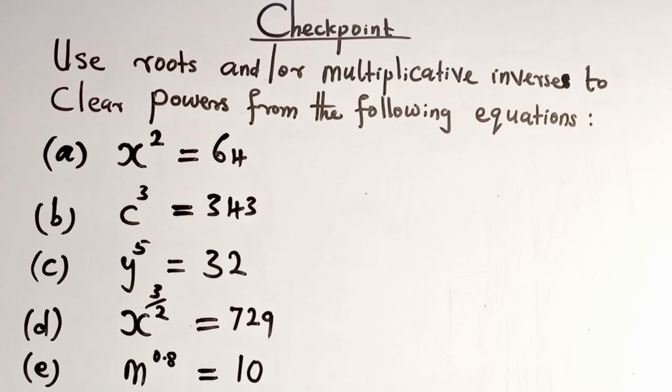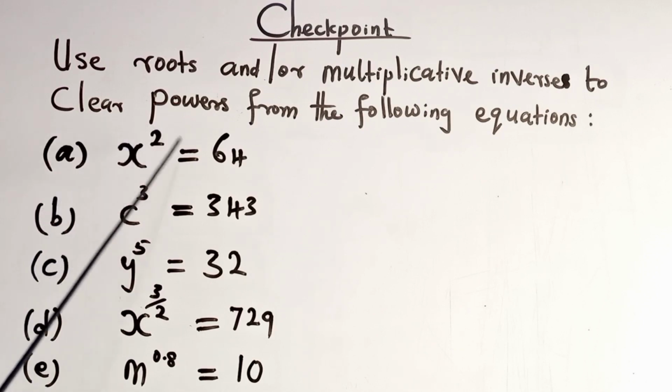Personally, I would suggest that we practice more of using multiplicative inverse to clear powers than using roots. It appears to be faster in many cases. The only time we think about using square root or cube root or more is when the power is a kind of whole number power.